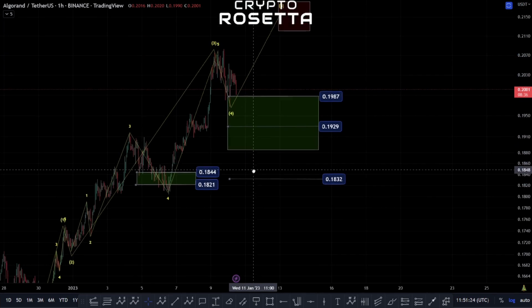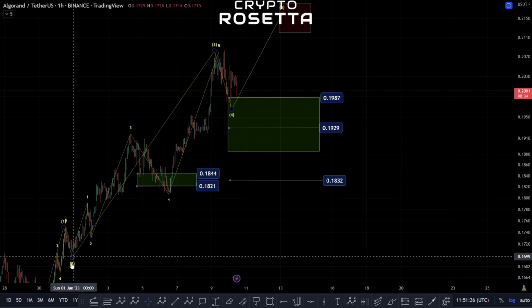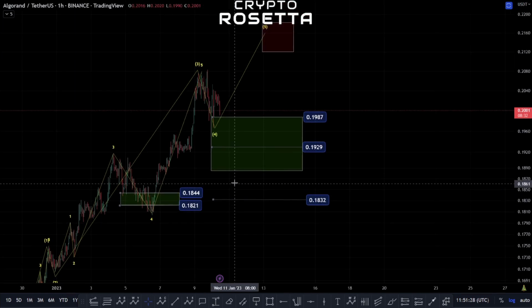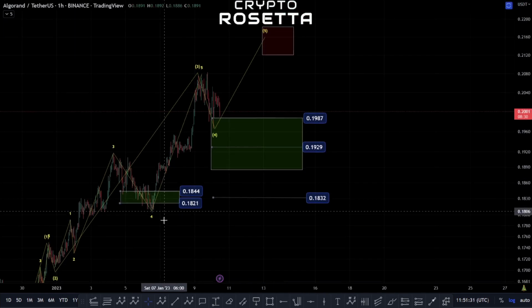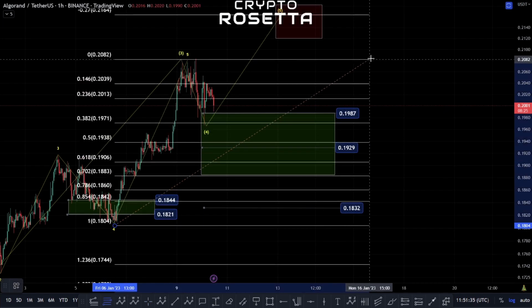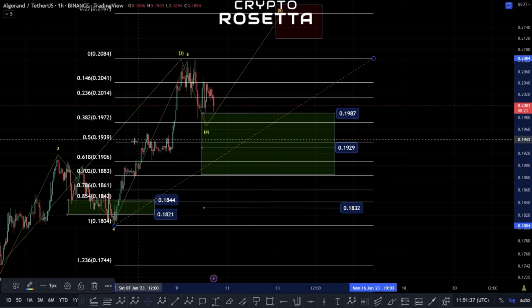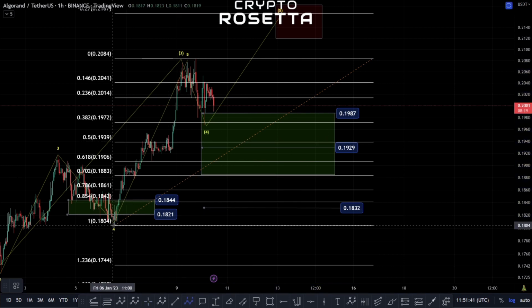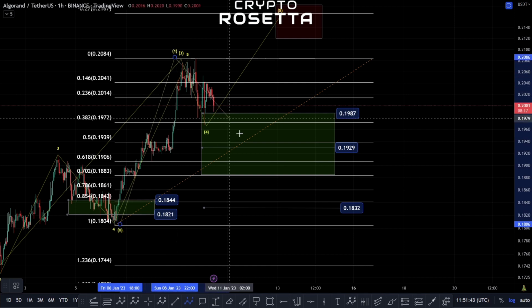For the time being, there's so many possibilities within these waves. There's even the potential that if we do manage to find support in this zone here, so if I look at this move here, this 50%, it is also possible we could look to even extend further to the upside here.